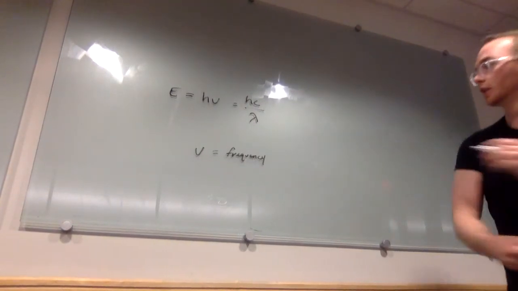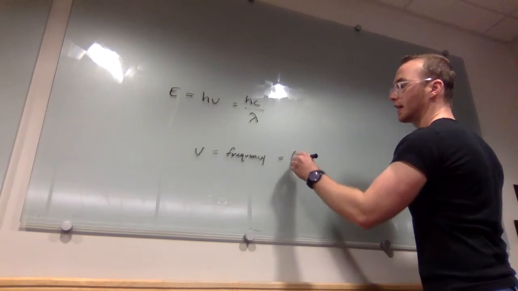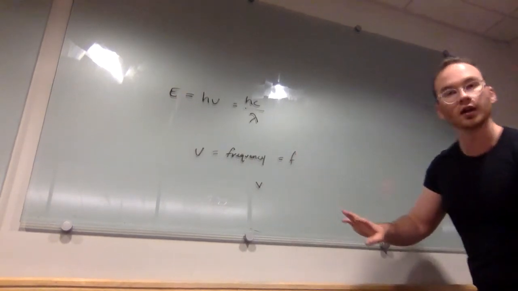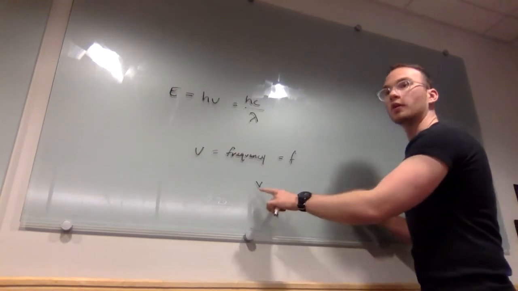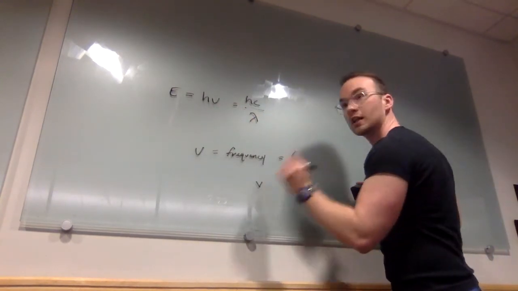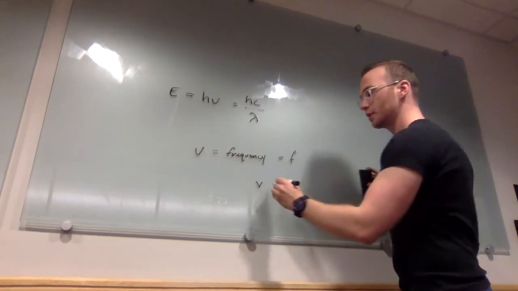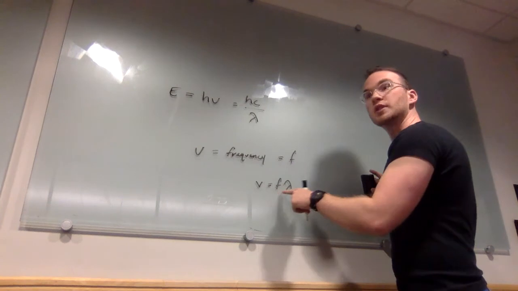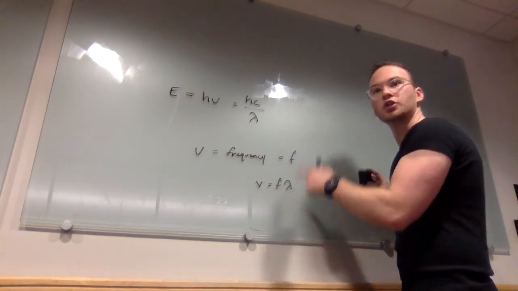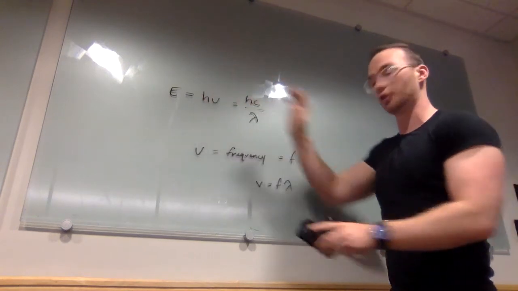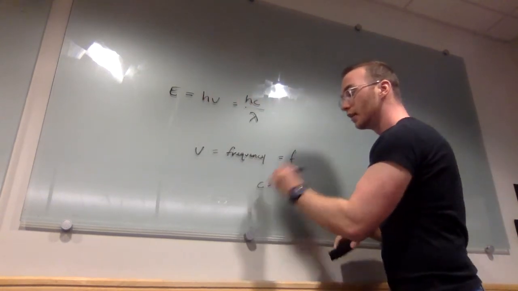So F is the frequency. Remember V, velocity? Don't write this down, because I'm going to erase it. It's confusing because it looks like a nu. V, the velocity of a wave, remember we talked about this, is f lambda: the frequency times the wavelength. That's true for any wave. But for photons, they're always traveling at the speed of light, which we call c.